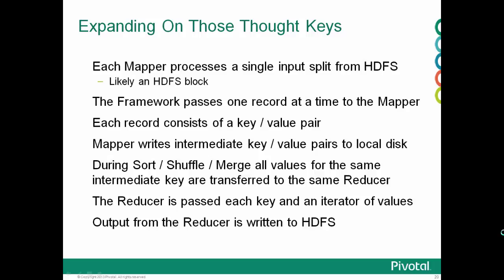During the sort, shuffle, and merge process, all values for the same intermediate key are transferred to the same reducer for aggregation. The reducer is passed each key and an iterator of values, or an array of values. The reducer will process that array of values and generate output, which is written to HDFS.